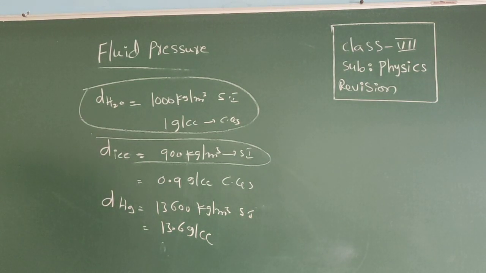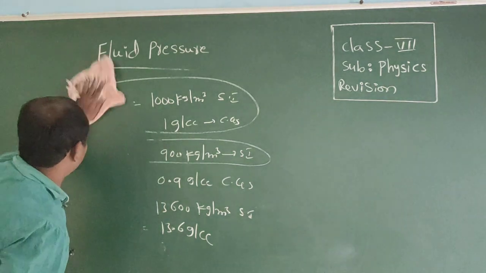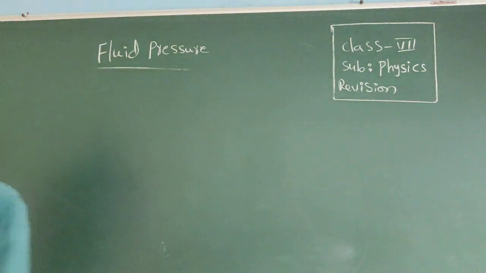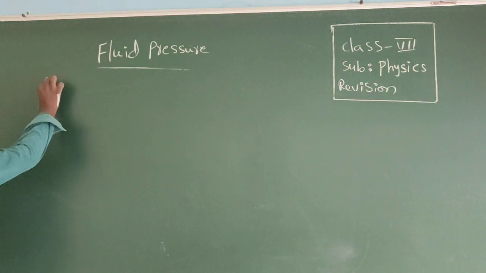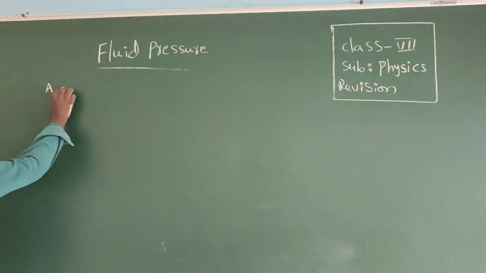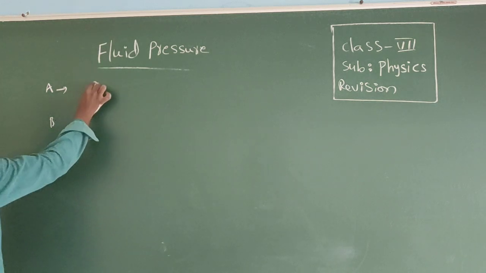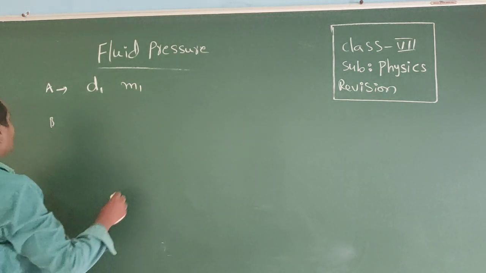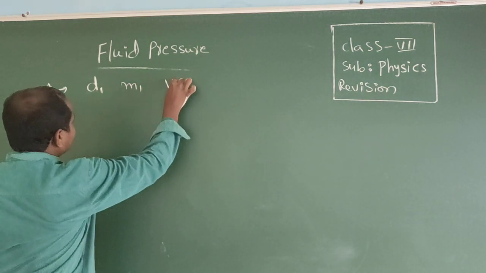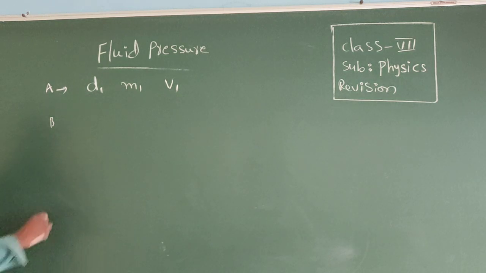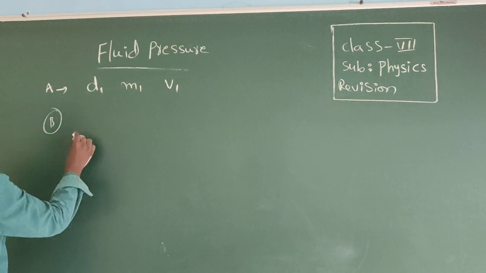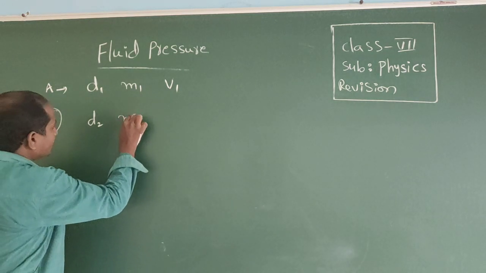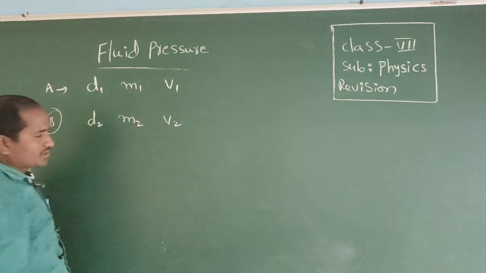Now density of the mixture. If A and B are two liquids, the density of liquid A equals D1, its mass is M1 and its volume is V1. Liquid B has density D2, mass M2 and volume V2.